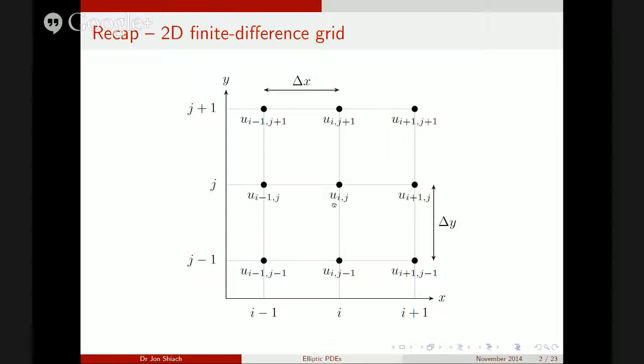So the i gives what column we're on, and the j denotes what row we're on. So always bear that in mind. You don't have to have it that way around, but this tends to be the convention which is most often used in the literature. So that was the finite difference grid we saw last week.